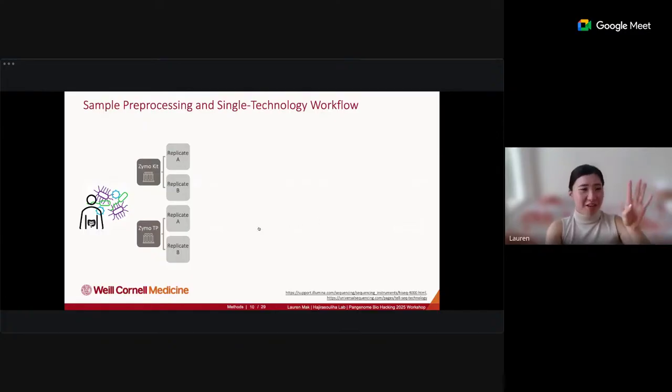So let's say, again, we start with our human stool samples. We extract gut microbiome DNA using a few different methods.